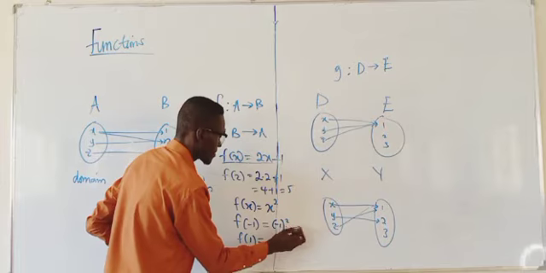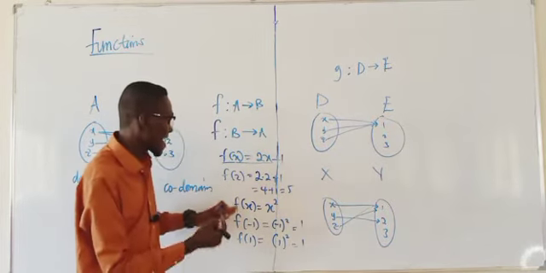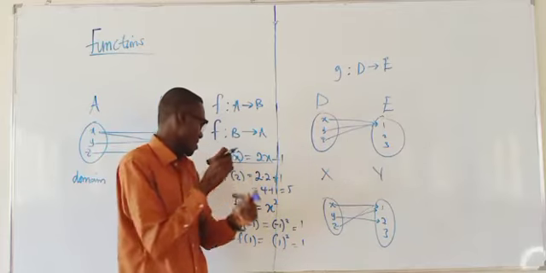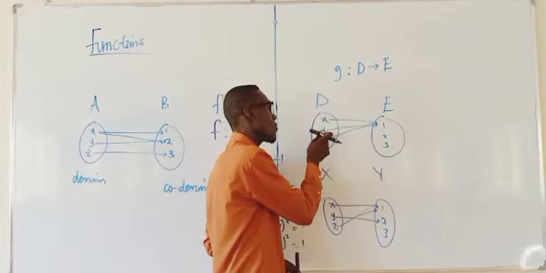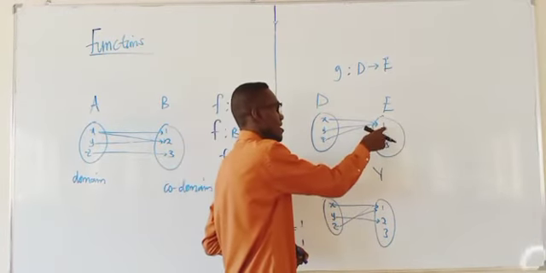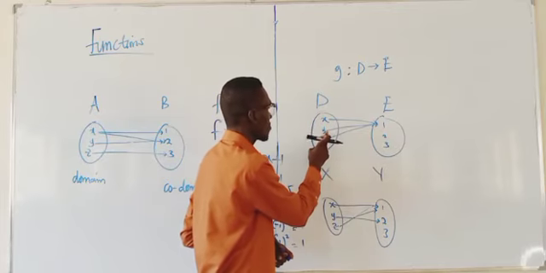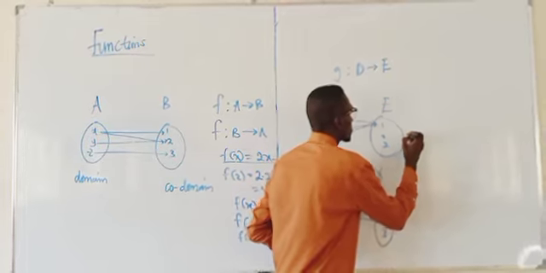This is 1 squared. Minus 1 squared is 1. So you can see I inserted two different numbers, but I'm arriving at the same answer. That means x and y might be different elements in A, but we yield the same result. So I have my x, y, and z pointing to one result. So this is a function.